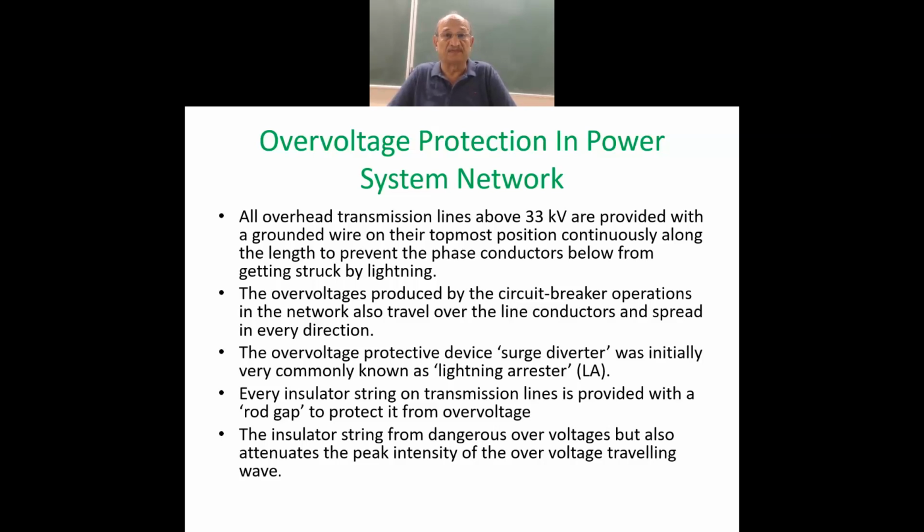You might have observed in every high voltage transmission line, on the top there is a thinner conductor. Sometimes there are two conductors, which are actually the ground conductors on the topmost position, and they run along with the line continuously all over the line.